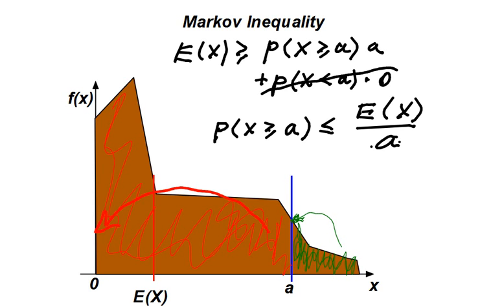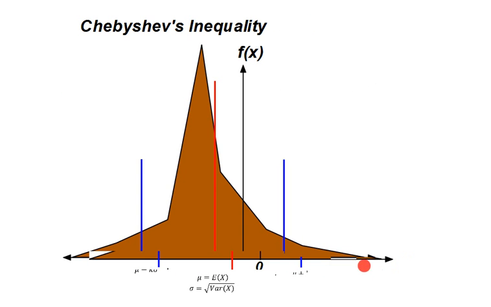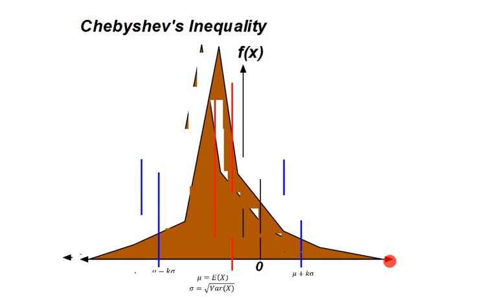Okay, so now for the Chebyshev bound. In this case we have a random variable that is not restricted to be just positive. Here is 0, it can be negative or positive. And again, with the brown region, we represent the density distribution. And here we have the expected value that we now also denote by mu.